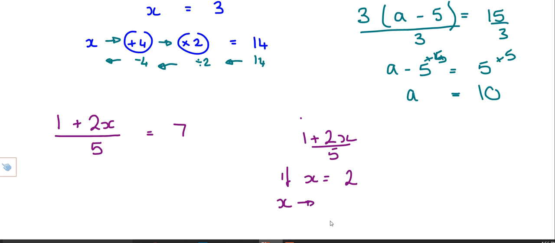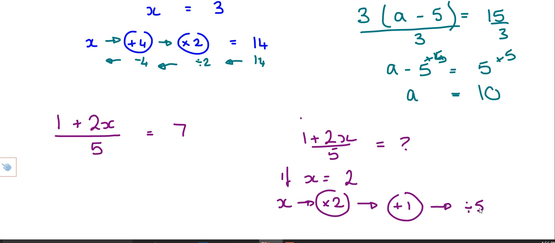Times by 2 first, then I would add 1, then I would divide by 5, and I would get my answer.